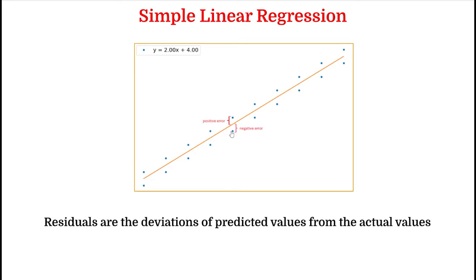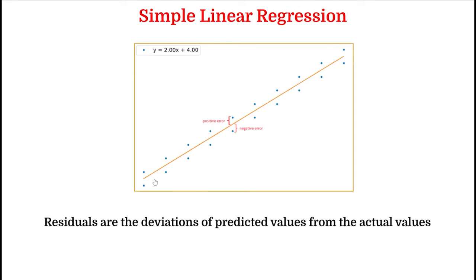That means the actual value is here, but we have predicted the value to be here along this line. Therefore, the error for this data point is negative. On the other hand, for this data point, we have underestimated the value. Therefore, the error for this data point is positive.